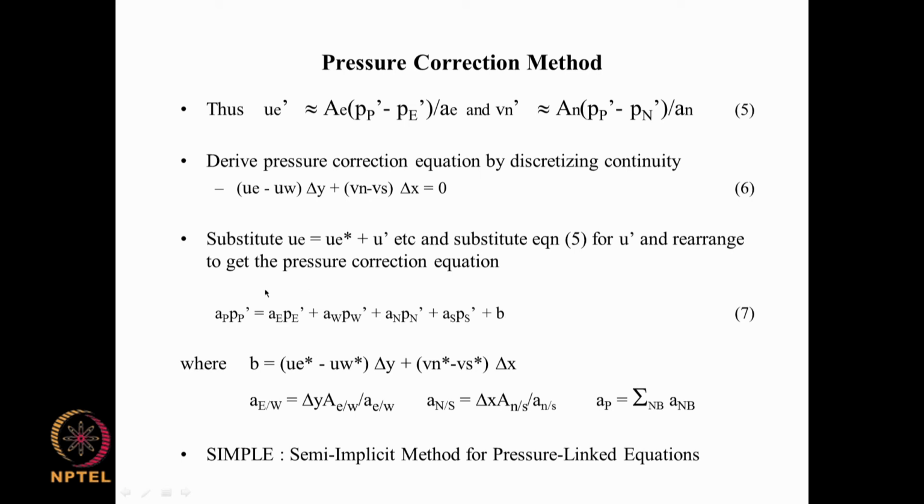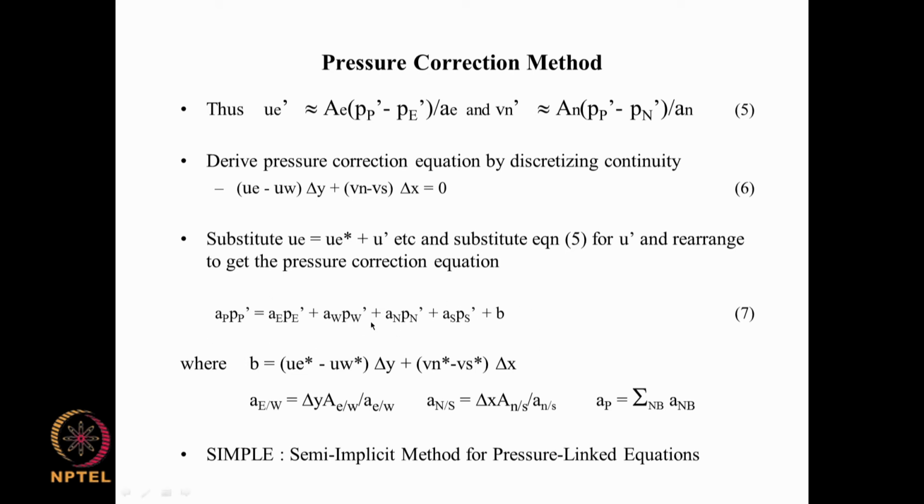So, when you write this for all the grid points ij, then you have an equation which is like A p prime equal to B. Okay. So, that is a matrix equation in which p prime at the grid cells i comma j are the unknowns. So, this enables us to solve for the pressure correction.